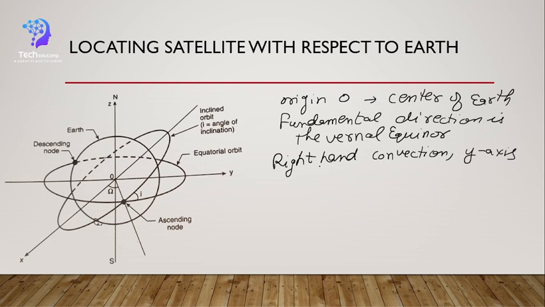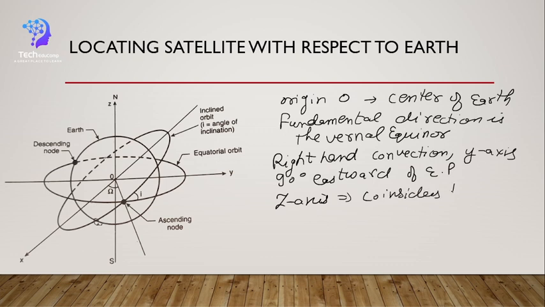the y axis is at 90 degrees eastward of the equatorial plane, whereas the z axis coincides with the polar axis, where the earth rotates around its polar axis, which is the north pole.